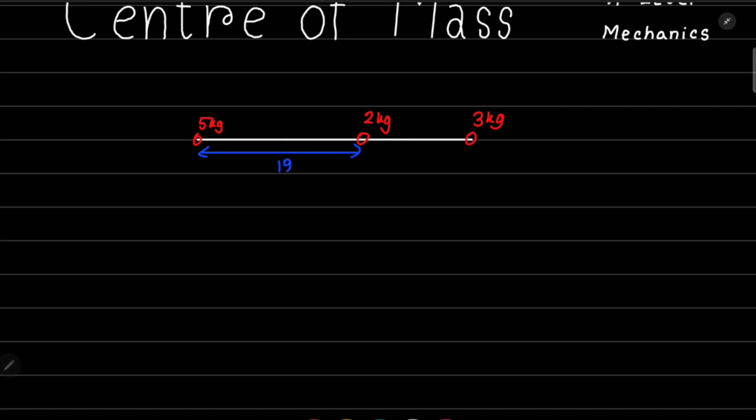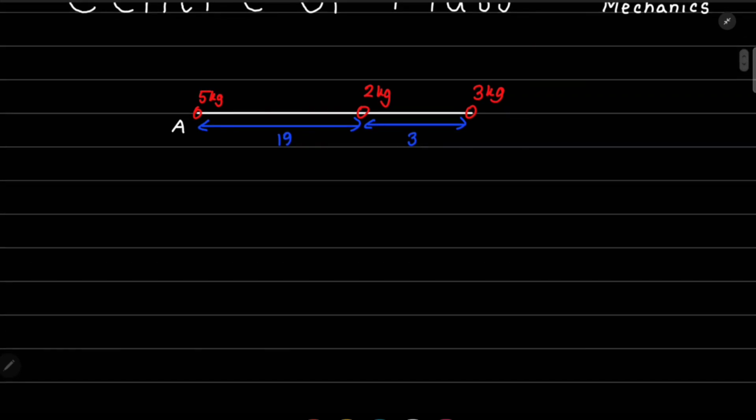So this can be considered to be 19 meters. This is 3 meters. Now we are asked to find how far the center of mass is from point A. In this case, to find the center of mass, we have to use a moment.